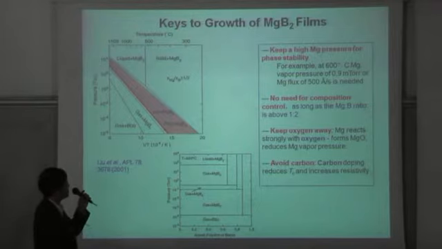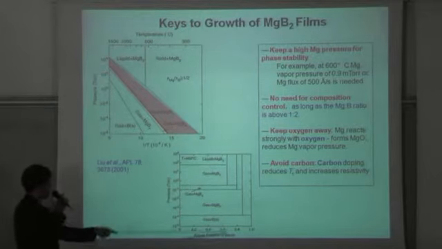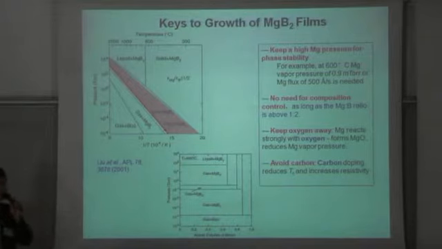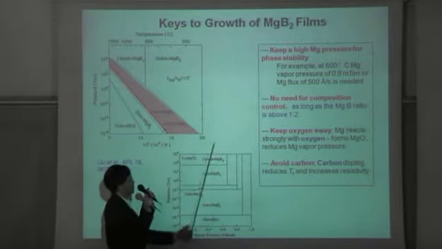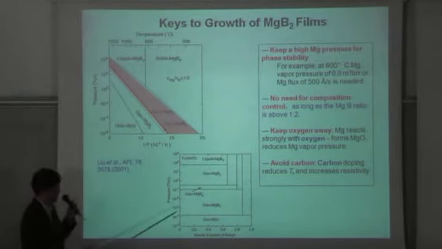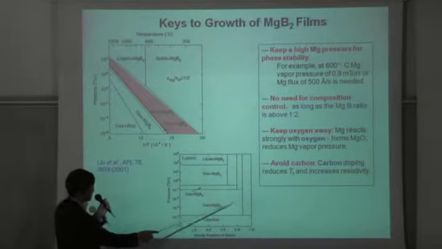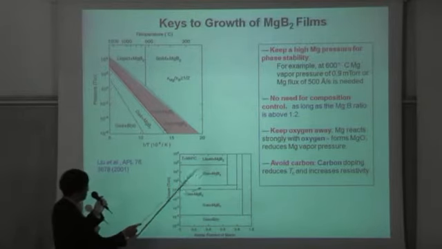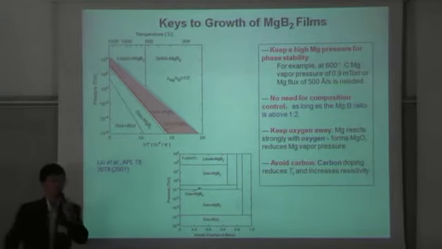There is an advantage for magnesium diboride. You can see from this phase diagram that they are so-called line compounds. So in these kinds of materials, you do not have to control the composition precisely, because as long as you have the composition within this range, you always get magnesium diboride plus some of the other gas phases.